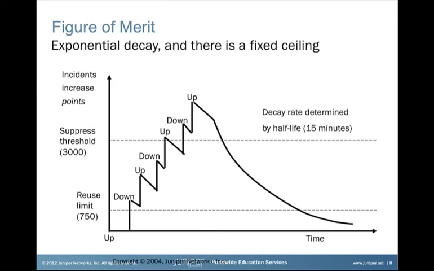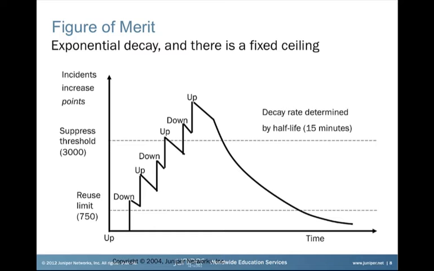So here we can see the graph that shows how the figure of merit works. Here we have our route, and you can see that it's flapping up, down, up, down, up, down. You see our suppress threshold is 3,000. And of course, we have a decay rate, which is determined by the half-life. That's the time value, which is 15 minutes.